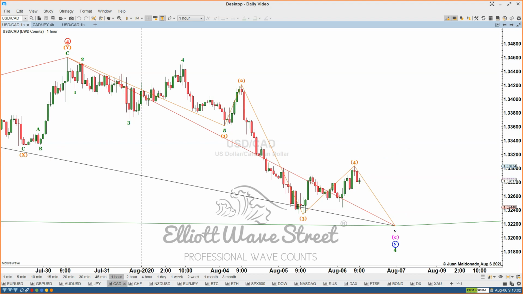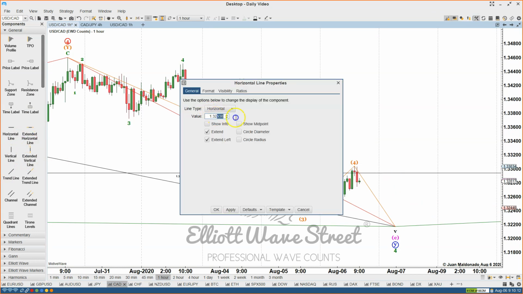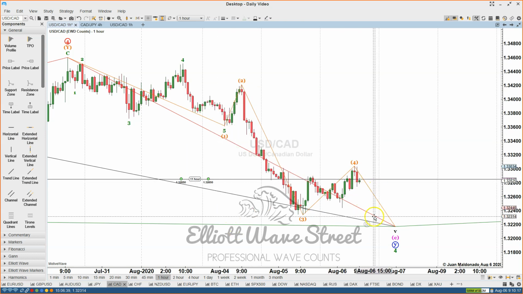Let me double check. Yeah, at 85. So let's add the line right there, so we can have a better reference. 132.85. Yep, right there, I triggered my trade.